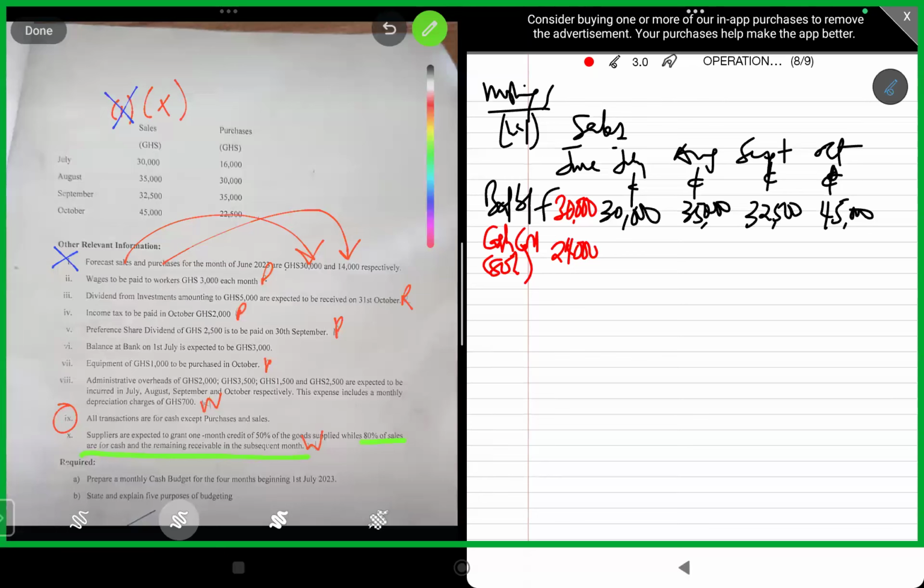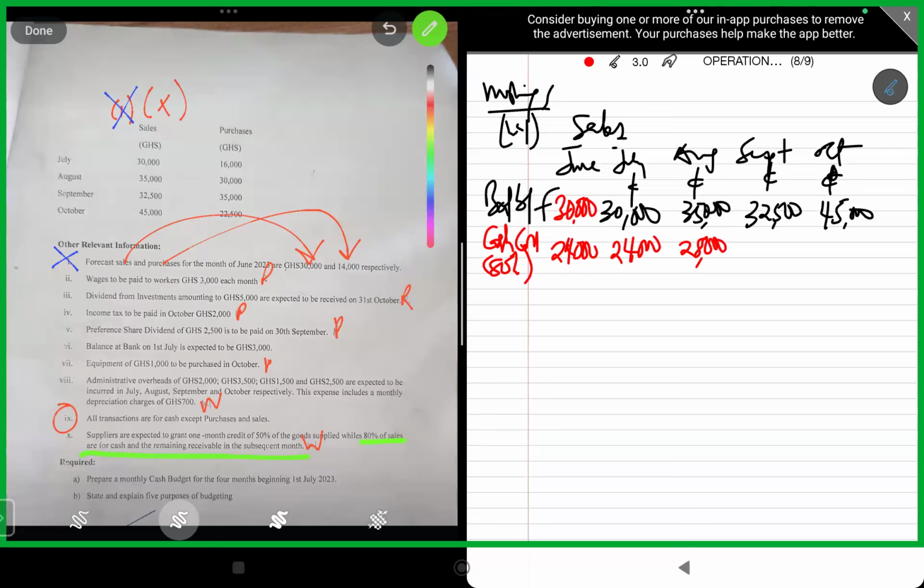July is 30,000. It's the same thing, 24,000. August is 35,000, that is 28,000.